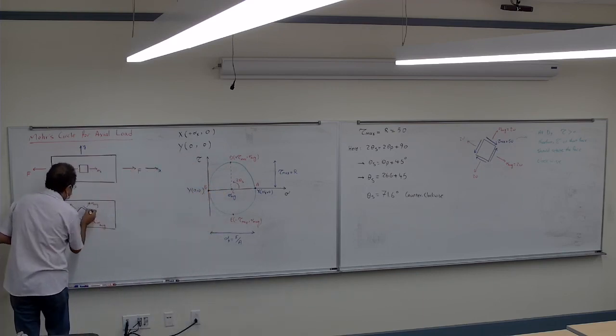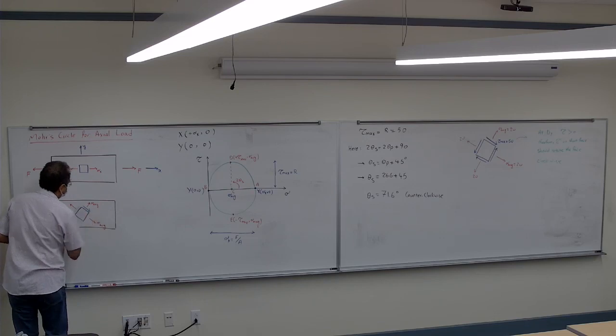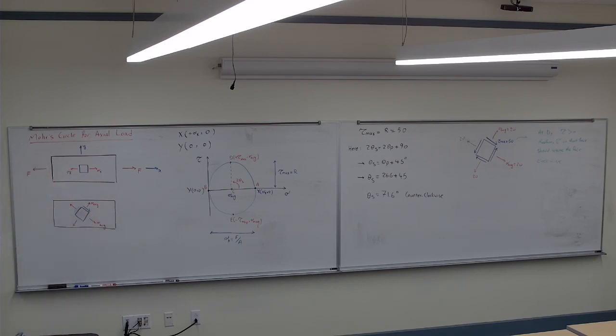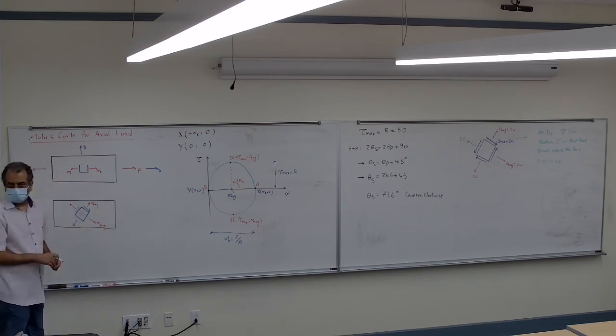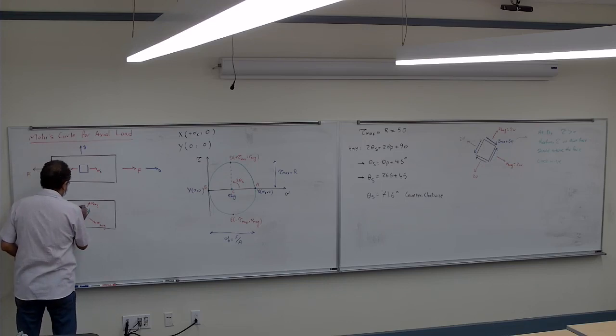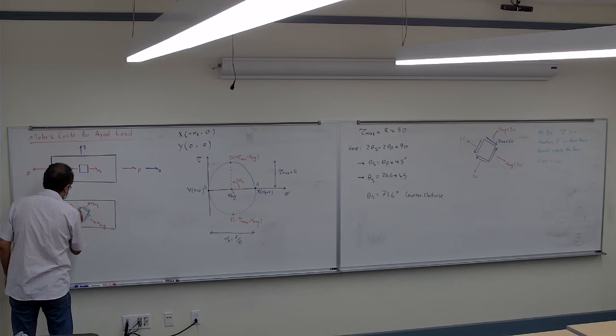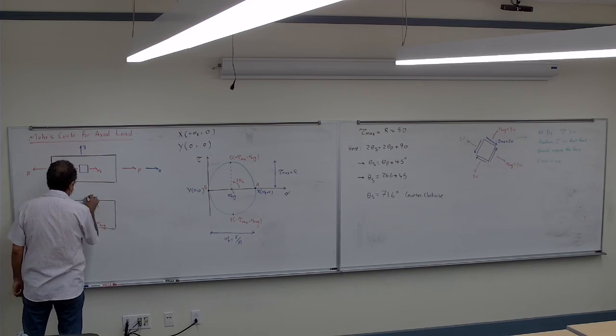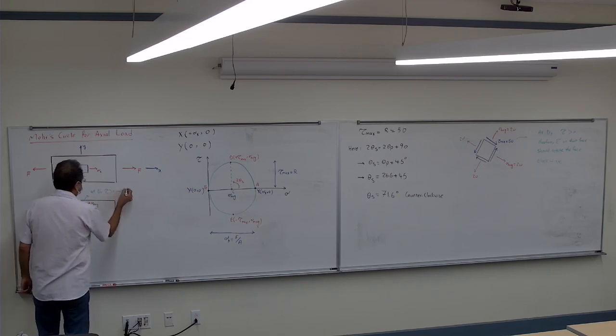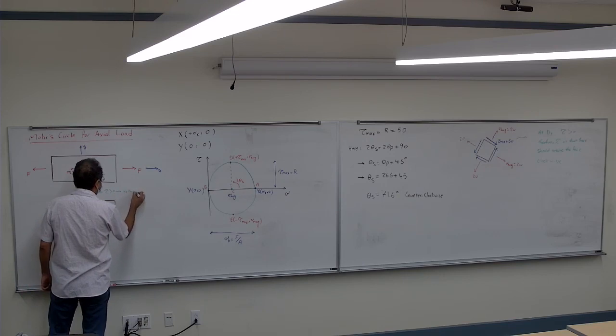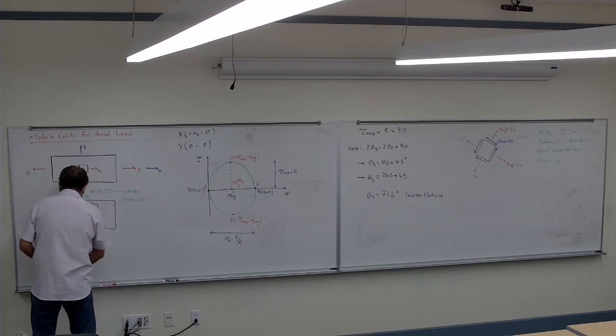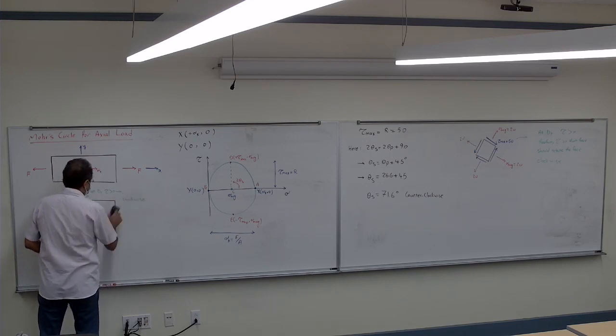So it's going to be that way. And then you have the rest of that. So, okay, at D, tau is positive, therefore it rotates clockwise.